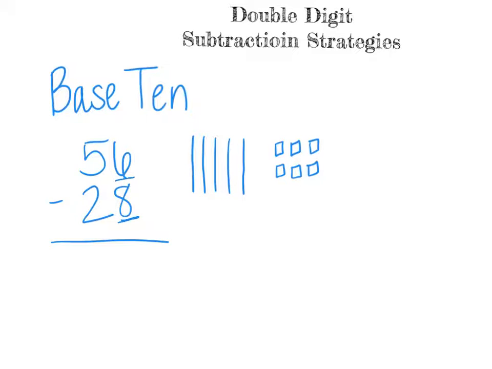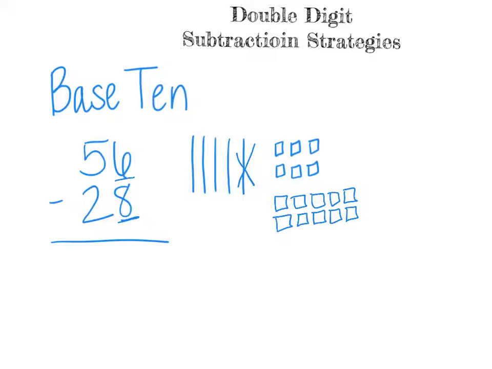Now, I cannot take 8 away from 6 because I do not have enough. So I need to cross out one of my tens, and I need to add 10 ones down below. So I'm going to add 10 ones.